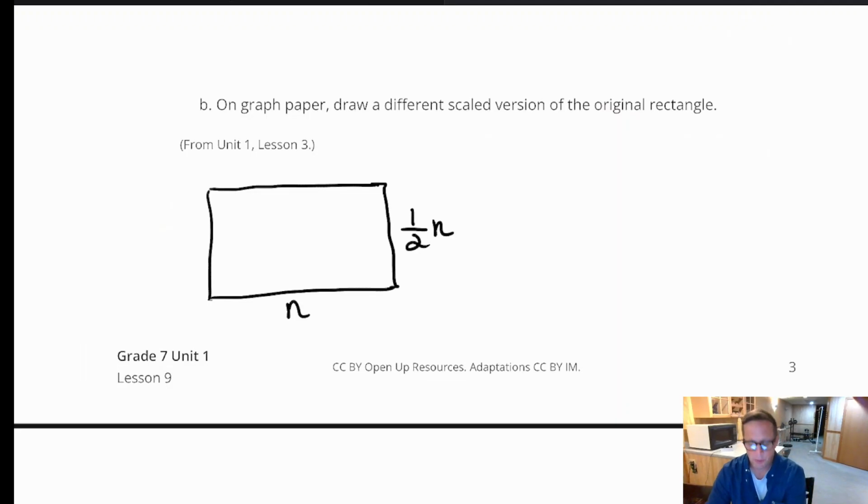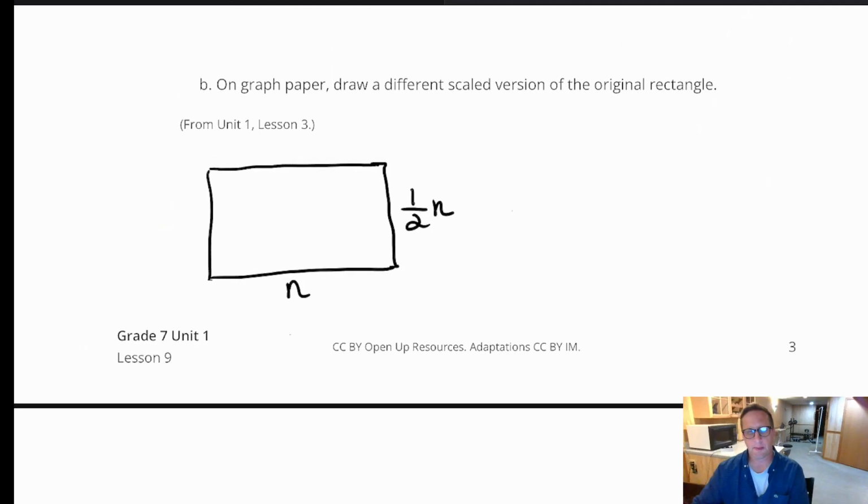So if you use 10, then this should be a 5. Or if this is 24 centimeters, this is going to be 12. It just depends on what numbers you use. If this is 1 centimeter, then this is 1/2 centimeter. So you can see where I'm going with that. That's it.